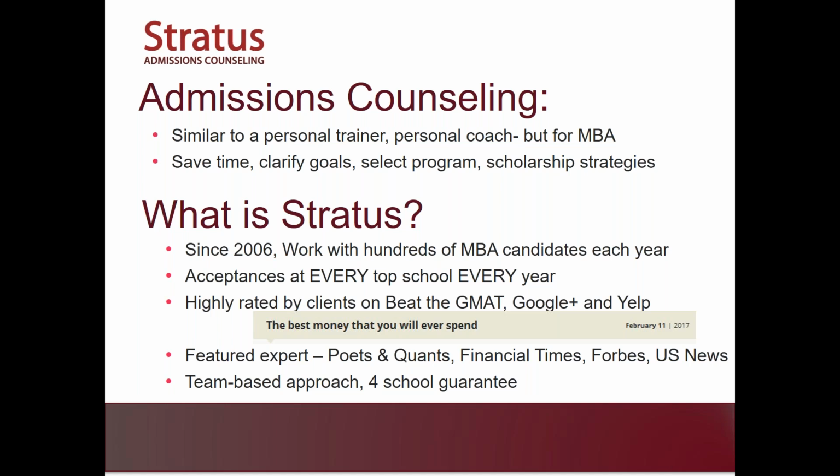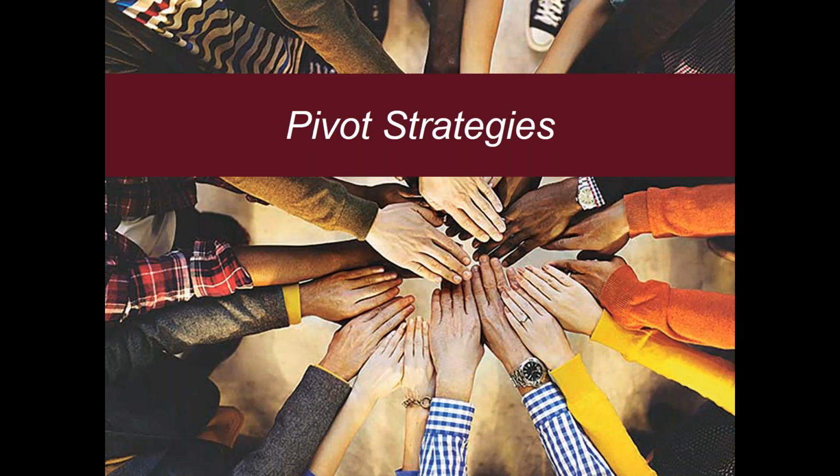So it really turns out to be a good value for a person. If you're committed to getting into an MBA program, if you work with us, we can help you sometimes over 1 or 2 years to get the desired outcome. So that's a little bit about Stratus.